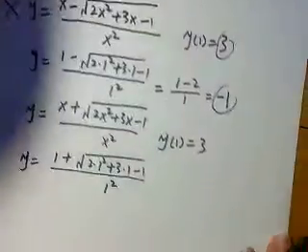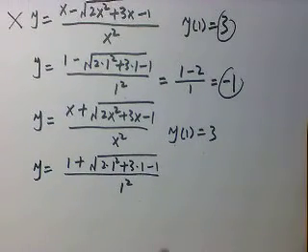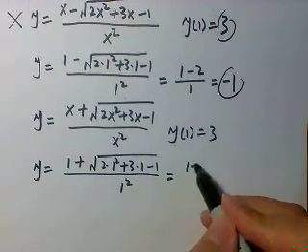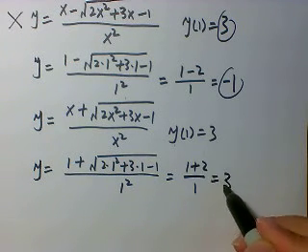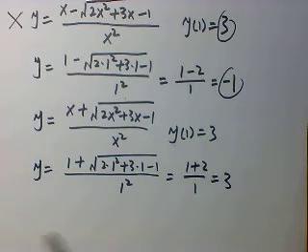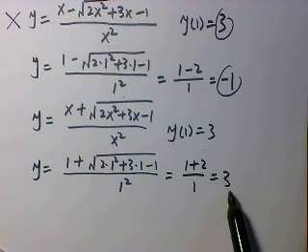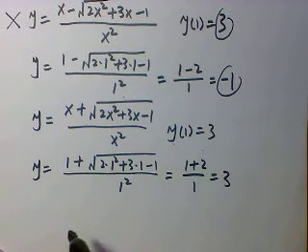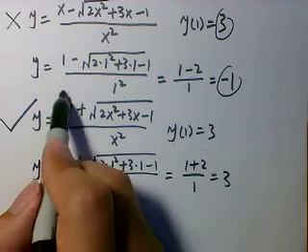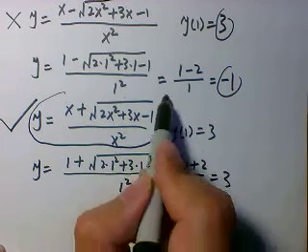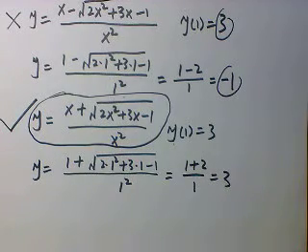And we can take a look. Here it is 1 plus 2 minus 1, which is 3. That's exactly the y value, exactly equal to 3. So that means that's the solution. So the answer should be this one. That's it.